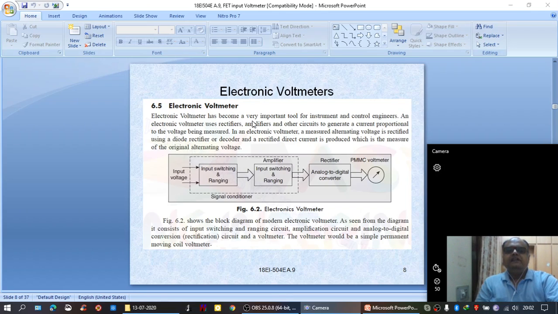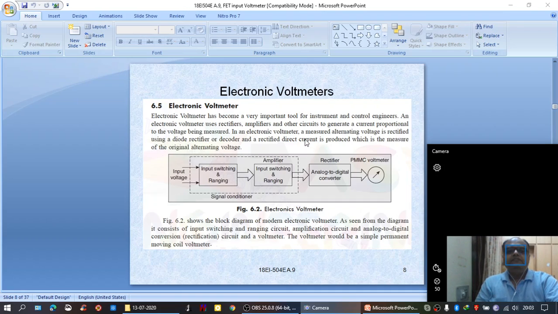Electronic voltmeters have become a very important tool for instrument and control engineers. An electronic voltmeter uses rectifiers, amplifiers, and other circuits to generate a current proportionate to the voltage being measured.